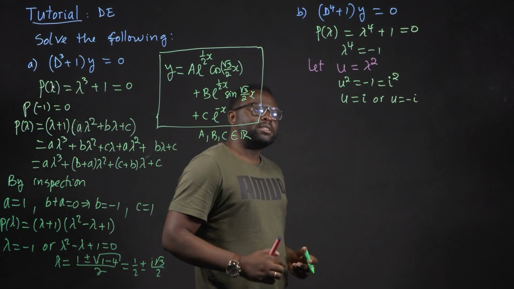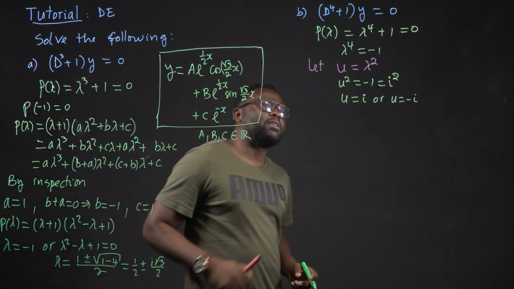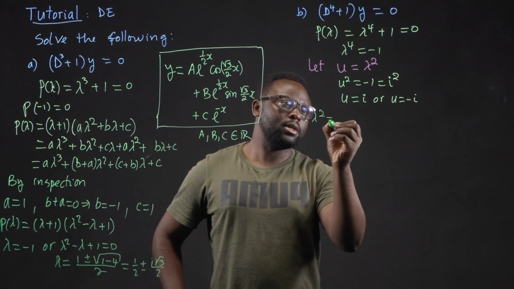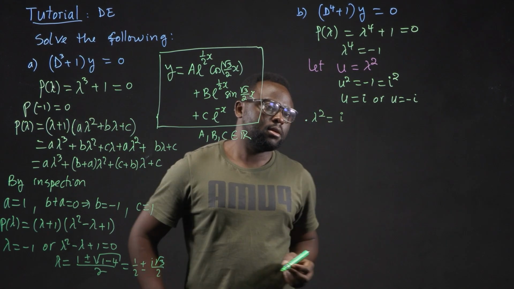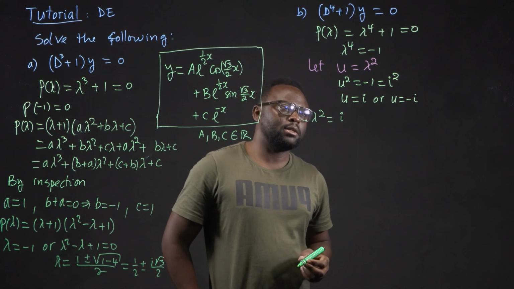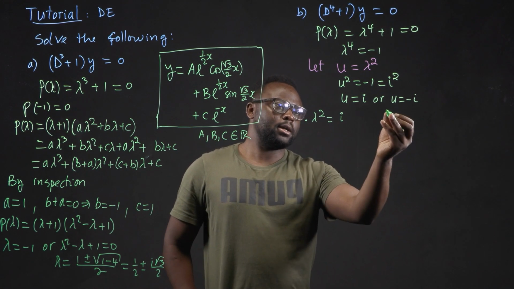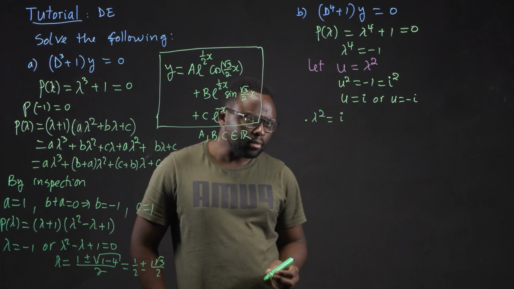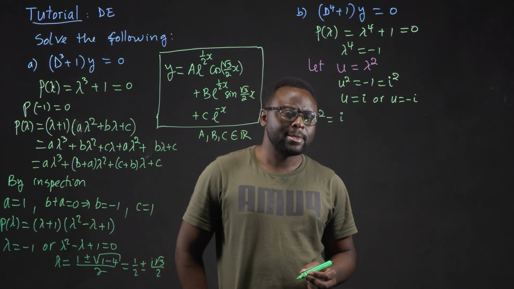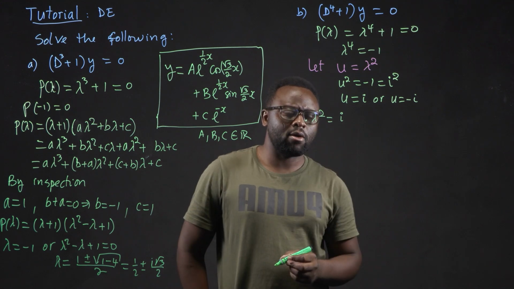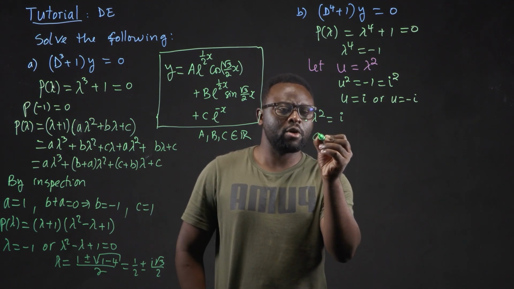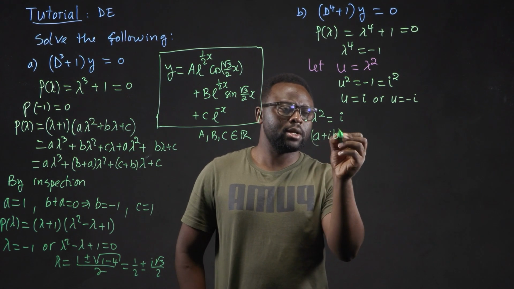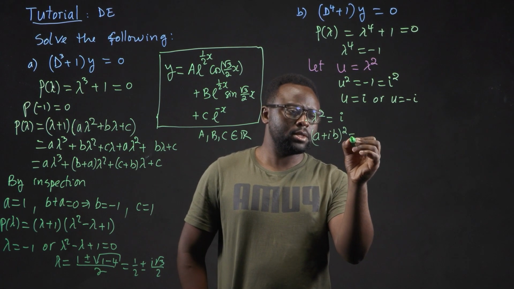Once we have this, let's consider our original variable, lambda. So lambda square for the first one is i, and for the second one, lambda square is minus i. But let's start with the first. This lambda square is i. Then it means that lambda is complex, and we know the general form of a complex number is a plus ib, and its square is equal to i.